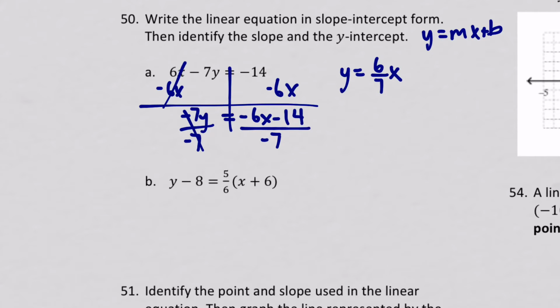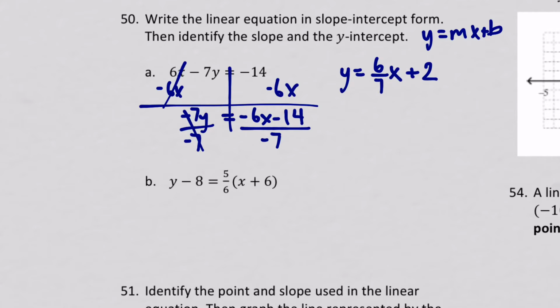Now you can write the x right there in front of the fraction, or you can write it in the numerator next to the 6, and that would be still correct. Okay, and then -14 divided by -7, because you're taking this -7 and you're dividing both of the terms by it. Negative divided by negative will be a positive, and 14 divided by 7 is 2. There you go.